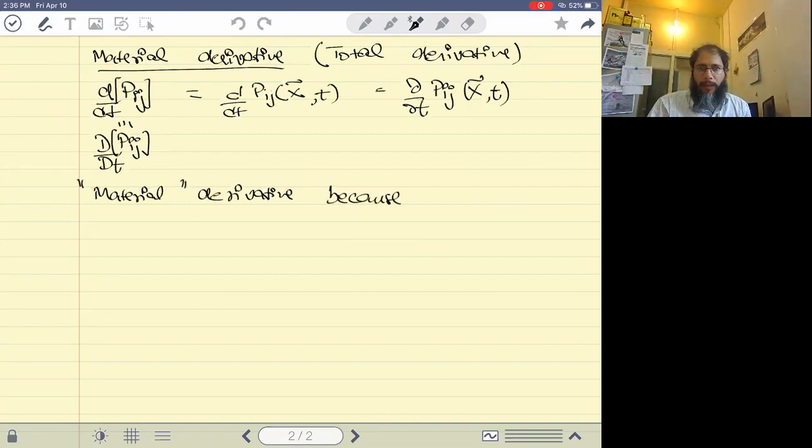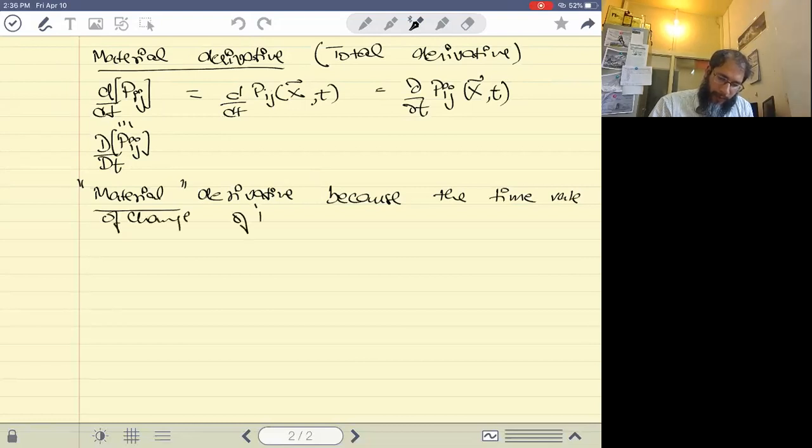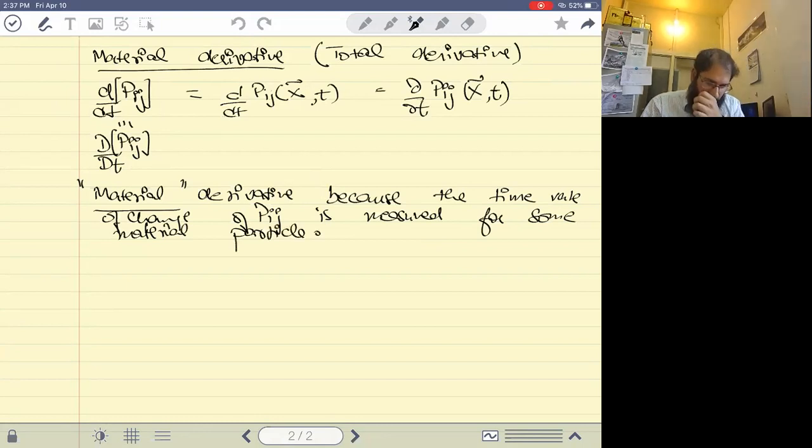I'm writing here again that we call it the material derivative because the time rate of change of Pij in this case is measured for some material particle. You can see that here because you have an X given to you.